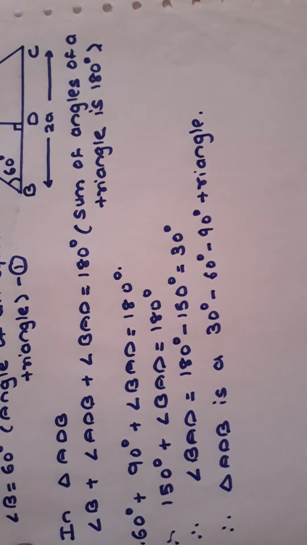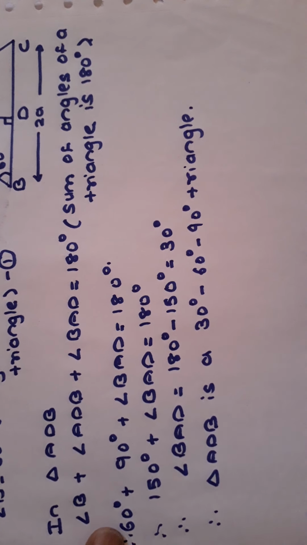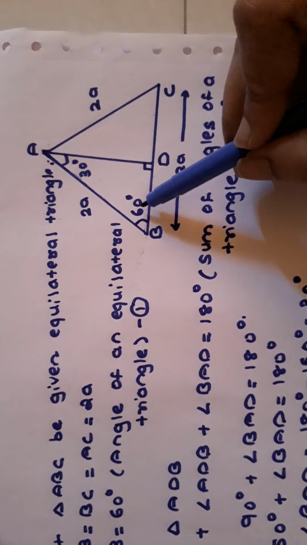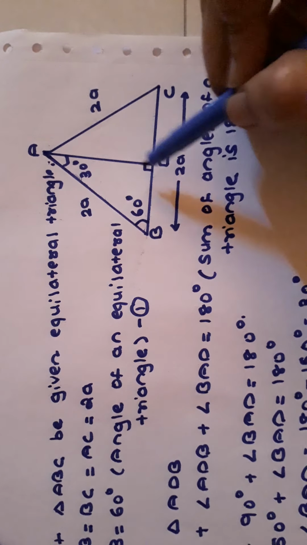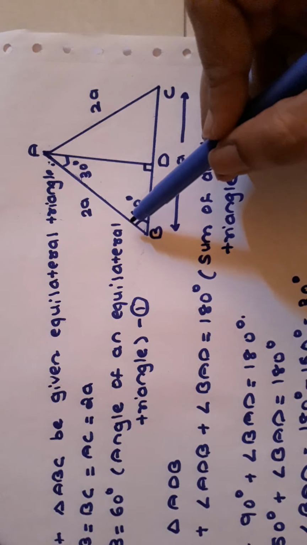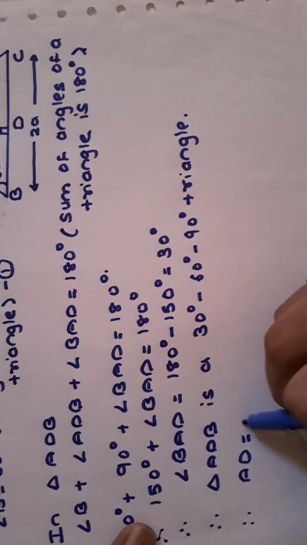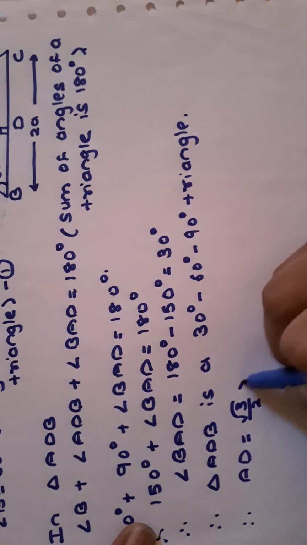And since it is a 30 degree, 60 degree, 90 degree triangle, we can use the 30-60-90 triangle theorem, which says that the side opposite to 60 degree, that is AD, is root 3 by 2 times the hypotenuse, that is AB. AD is root 3 by 2 times AB.